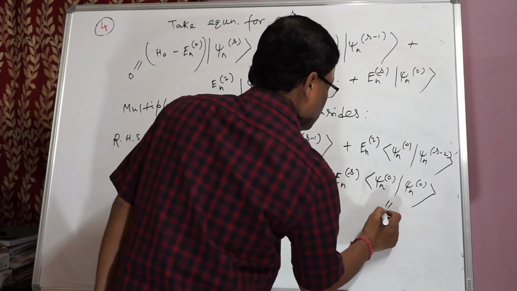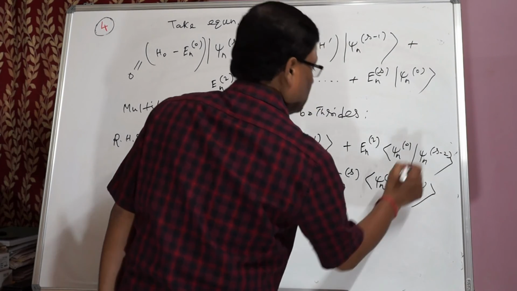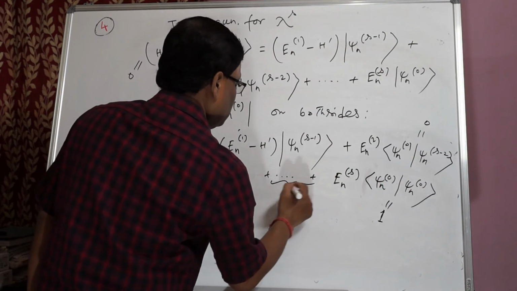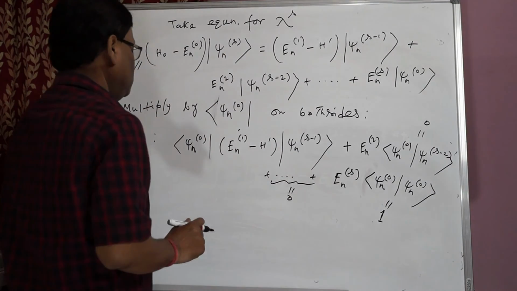So this part is 1, this part is 0, and in between all parts give you 0.